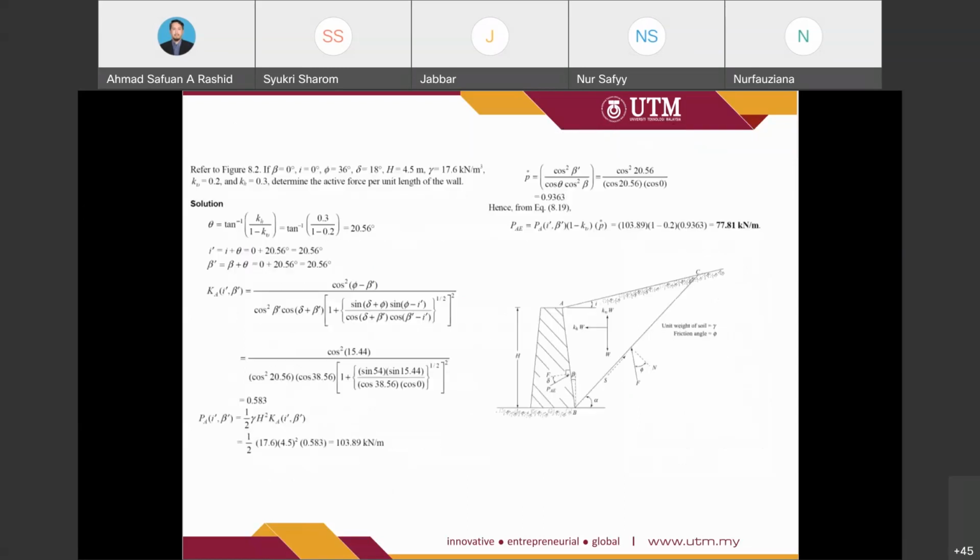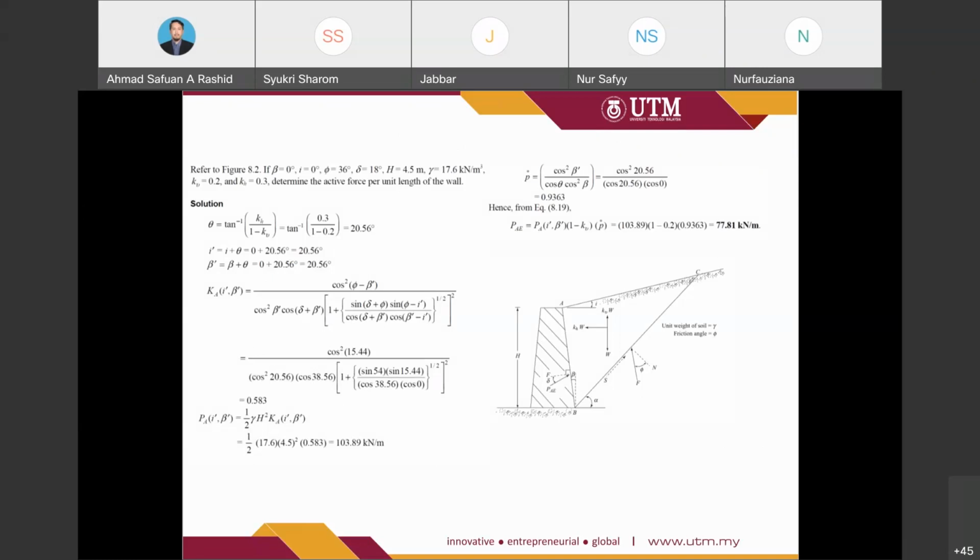Now we look at one example, which is very easy to understand. What we have discussed is more related to how they develop the equation. Now we use the procedure to determine what the PAE will be.